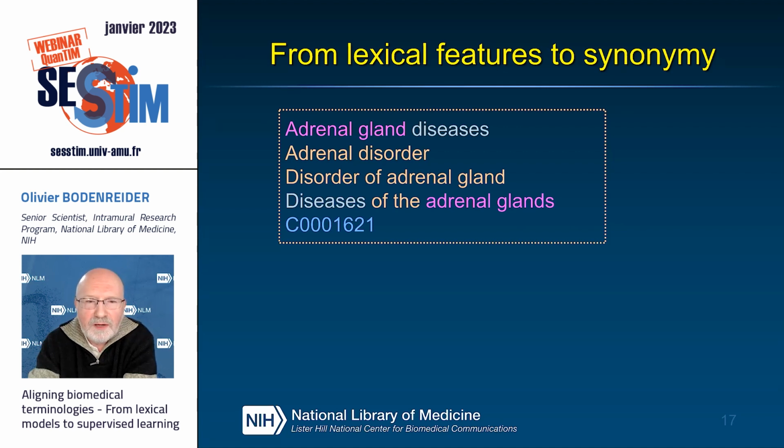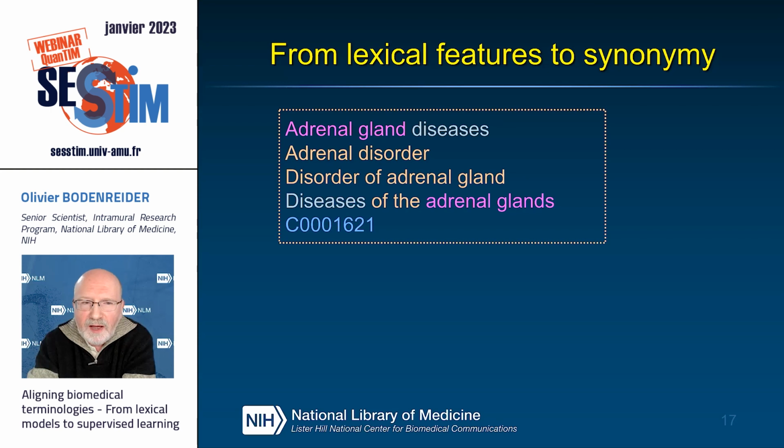We've already talked about this. And then the difference is that in the last one, we have diseases of the adrenal glands. We don't have "of the" in the first term. But we know that prepositions and articles, determiners, are not really bearers of semantics. They are considered stop words for this reason in information retrieval. So we can ignore them here.